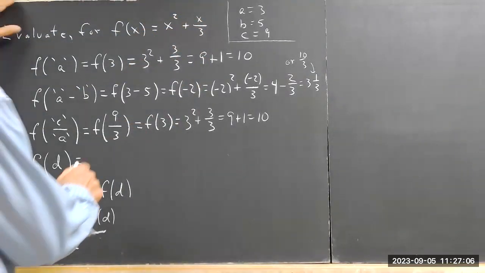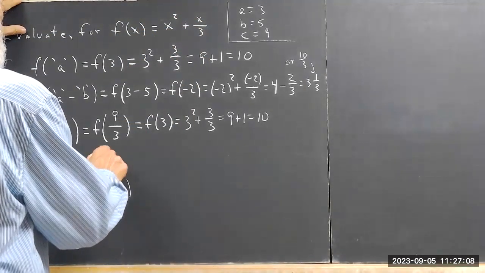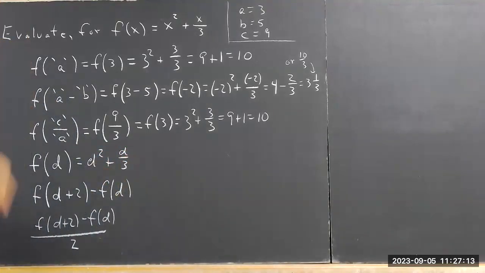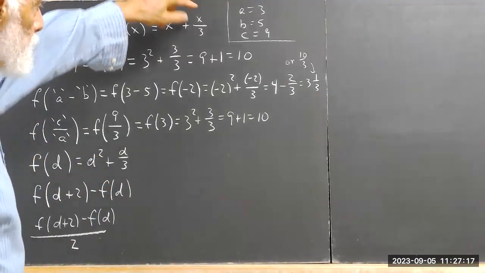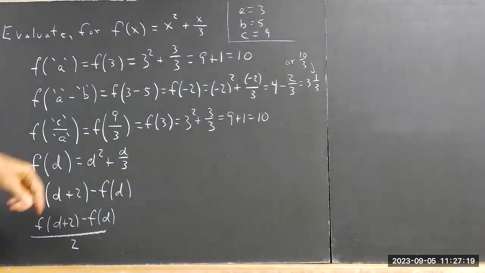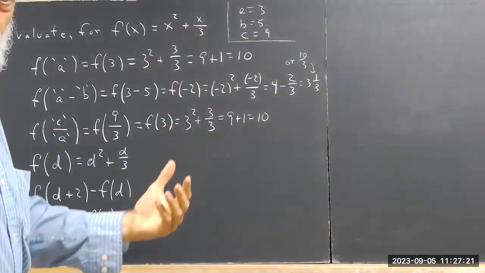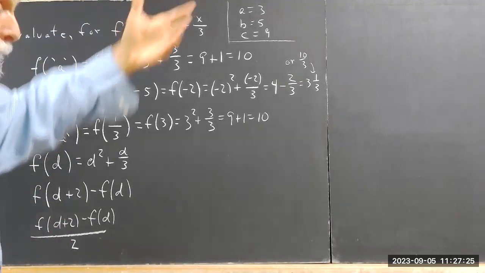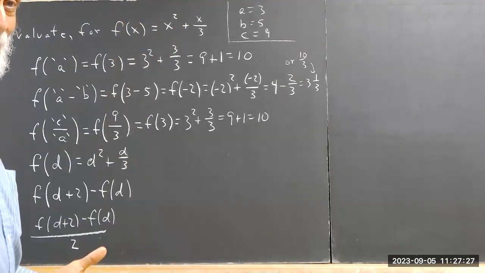So we write f of d equals d squared plus d over 3. And it kind of makes sense if f of x is x squared plus x over 3, then f of d would be d squared plus d over 3. f of aardvark would be aardvark squared plus aardvark over 3. Okay?